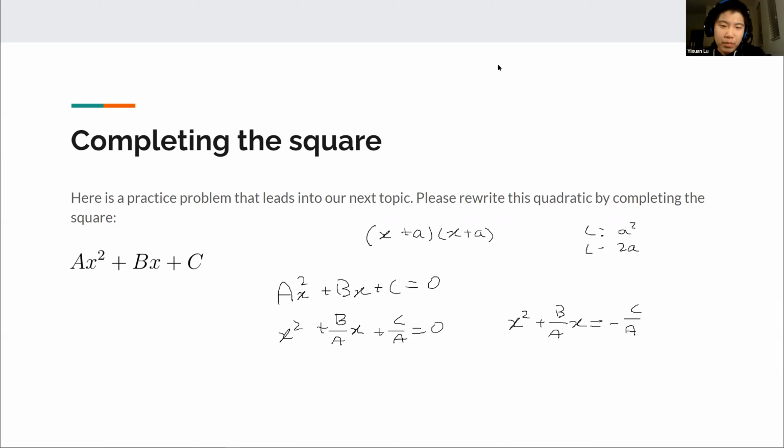Here, I'll show you. We'll do the same step once again, x squared plus b over a times x. Now we have to add the square of b over 2a. And we do that to this side as well.